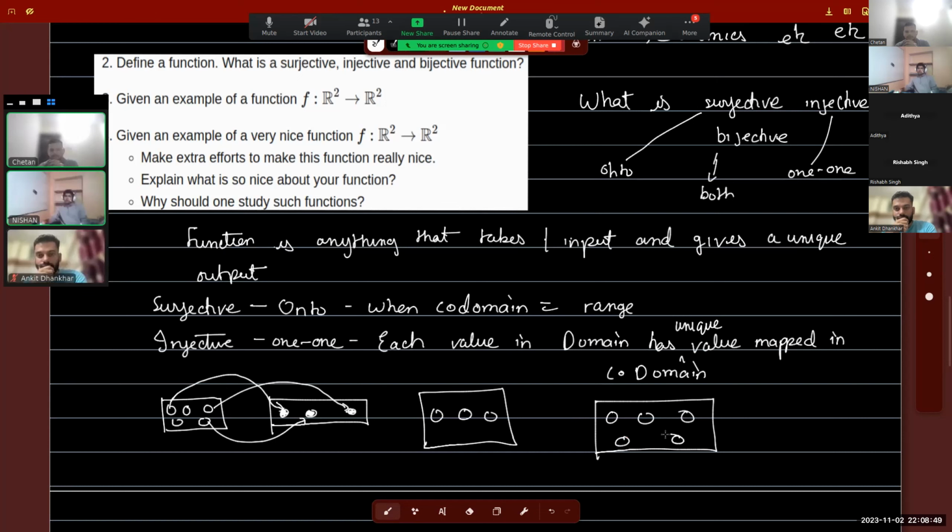Each ball is mapping to some unique ball in the second box. I am making pairs, right? I'm making pairs by pulling out one ball from the first box and one ball from the second box.